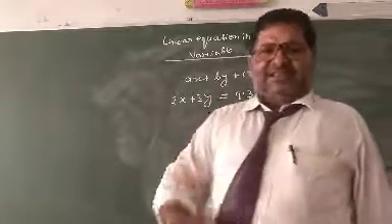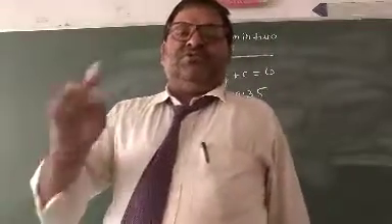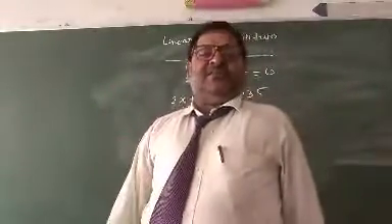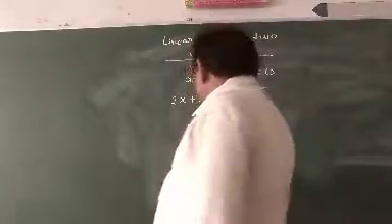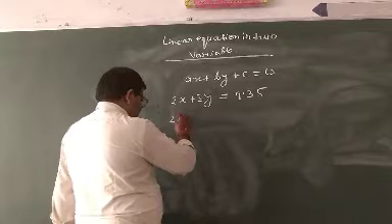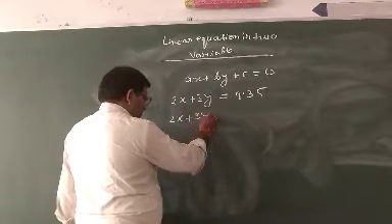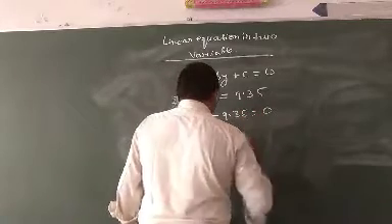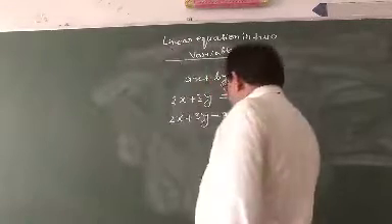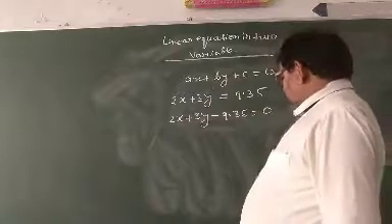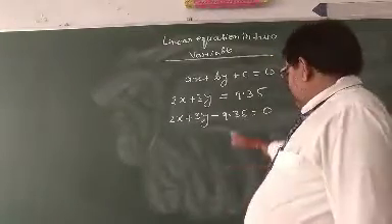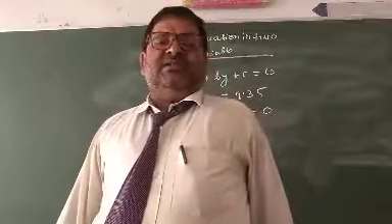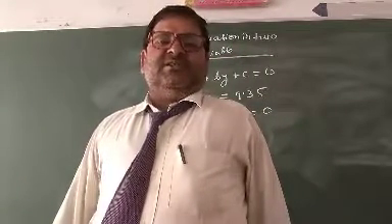First, we arrange the question in general form, and now compare: 2x plus 3y minus 9.35 equal to 0.